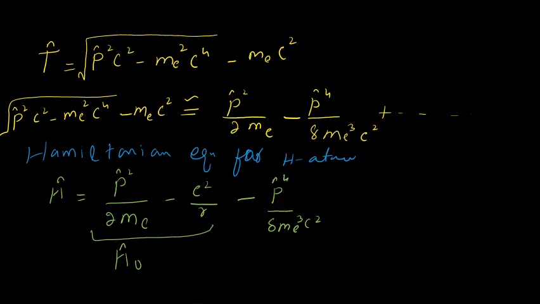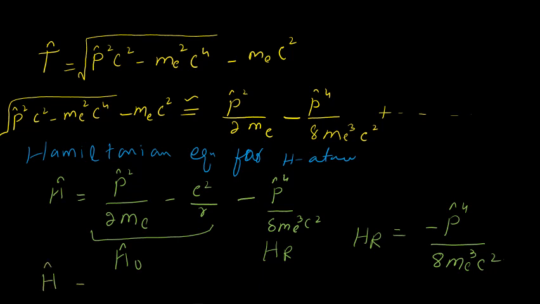I can write it as H_R, where H_R is equal to minus P⁴ divided by 8Mₑ³C². So the total Hamiltonian for the hydrogen atom is the combination of the unperturbed Hamiltonian plus the relativistic part of the Hamiltonian.